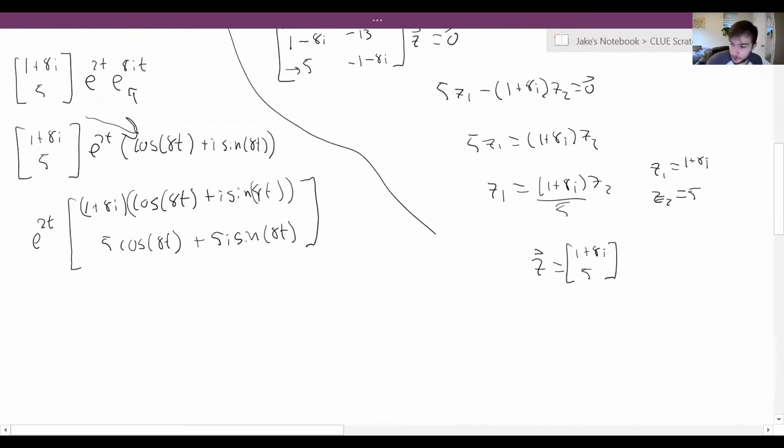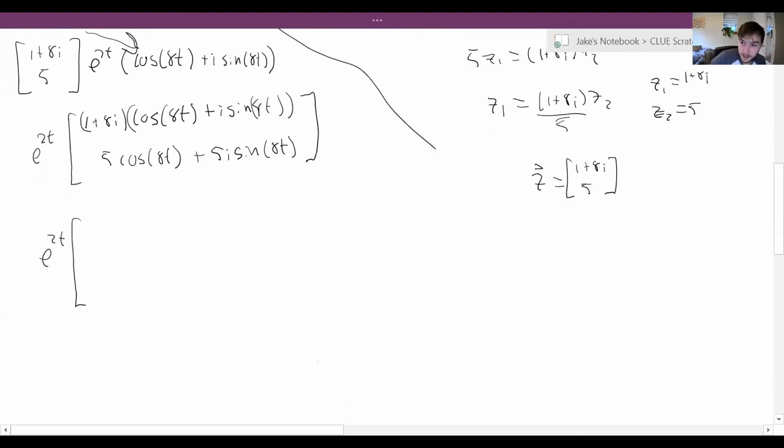So if we do this distribution, we've got to FOIL it out. Don't forget your e to the 2t. That's a big thing that I always do, forget to write that out in front. So we get cosine of 8t plus 8i cosine of 8t.